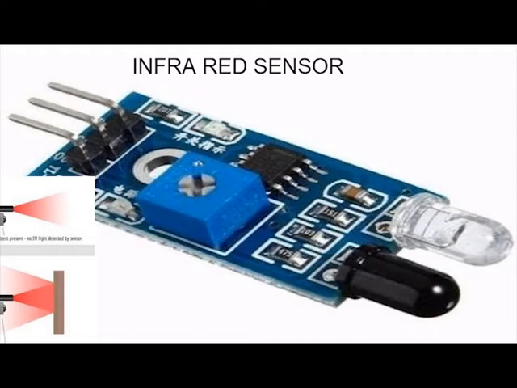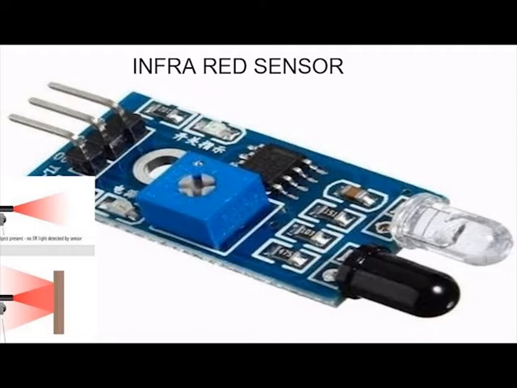We know that the darker colors absorb light best and reflect the minimum amount of light. So the receiver receives light less than the detectable range, whereas in case of a brighter surface, the reflection of light is more than the detectable range.